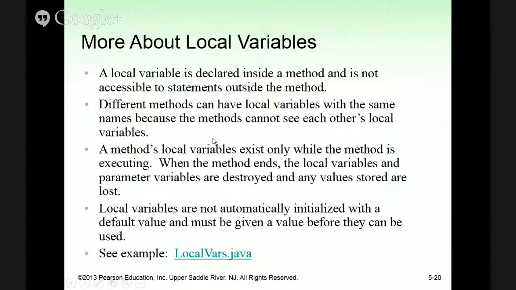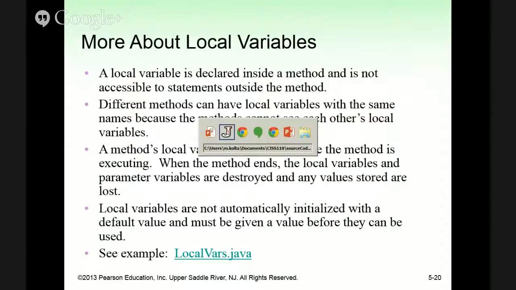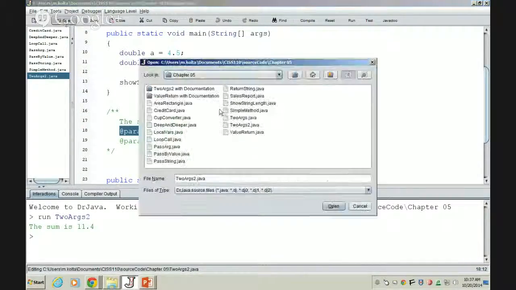The local variables only exist while the method is executing. When the method ends, the local variables and their values are destroyed. They're all lost. Local variables are not automatically initialized, and they must be given a value before they can be used. So let's look at this example, local vars.